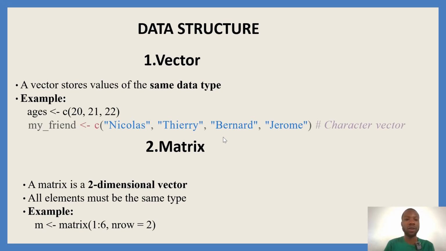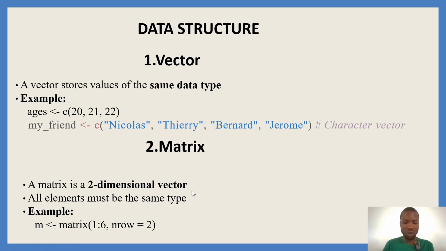And again, we also see another example of my friends, where we have Nicholas, Thierry, Bernard, Jerome. On matrix, if we say matrix, we are talking about a two-dimensional vector, so all elements must be of the same type.